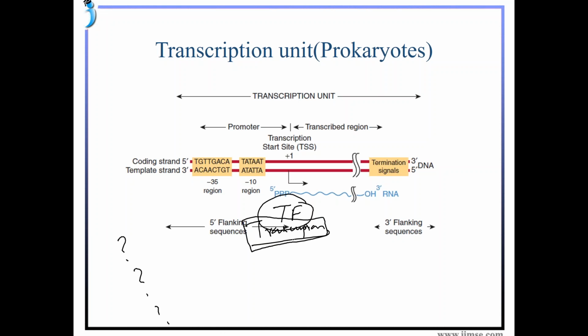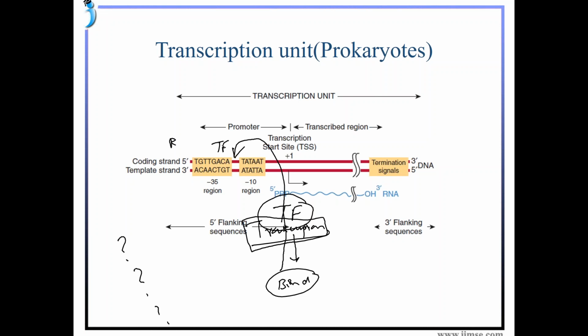Transcription factors have specific sites to bind. They will not bind to just any sequence; they have certain sequences. Each protein will have different types of transcription factors. These transcription factors will go and bind a particular site called the promoter region. The promoter region is where the transcription factor binds.